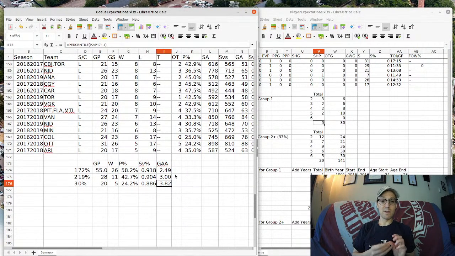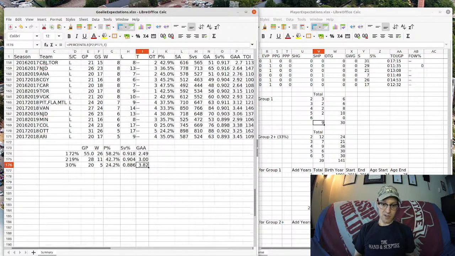So you could have a goalie playing let's say 5 games in the NHL, and then be kind of a mix of the two tiers there between 1 and 2. So maybe a save percentage of .912, goals against average of 3.12 or something like that. Anyways, so those are the updates there.